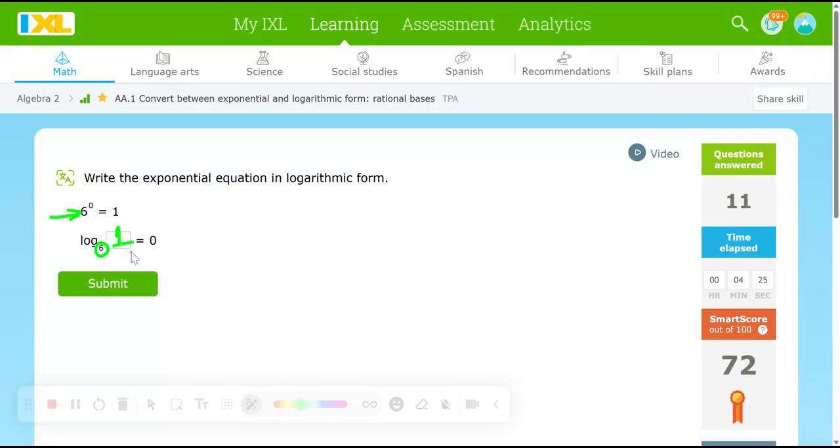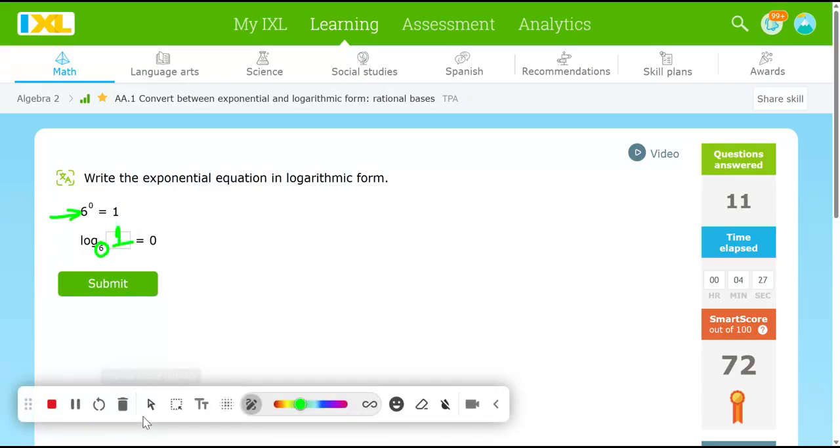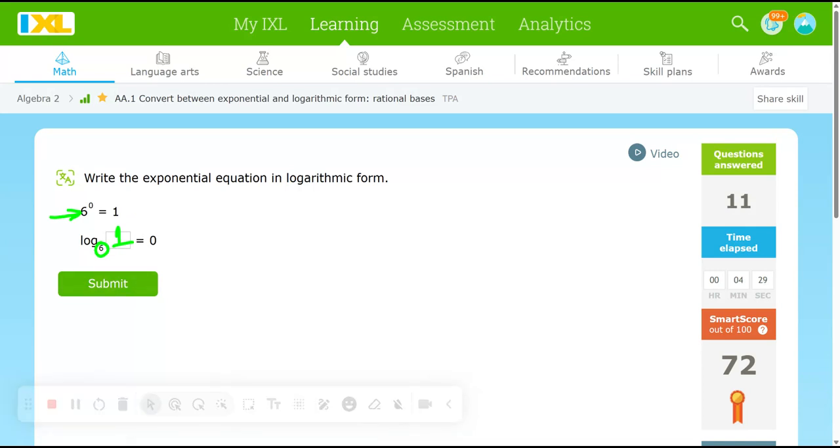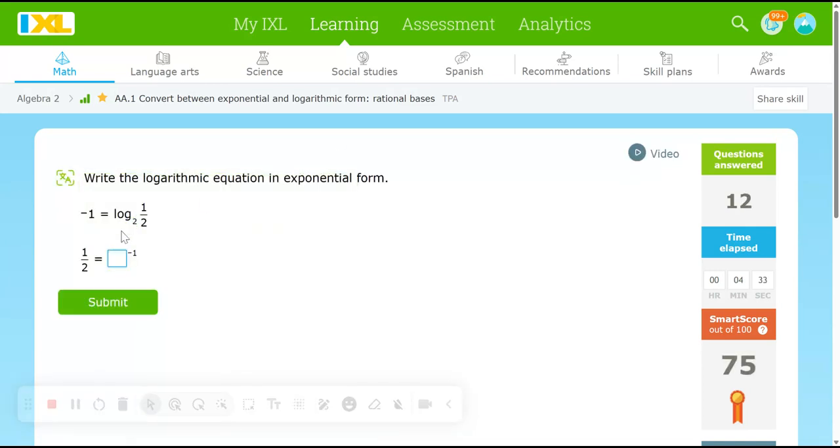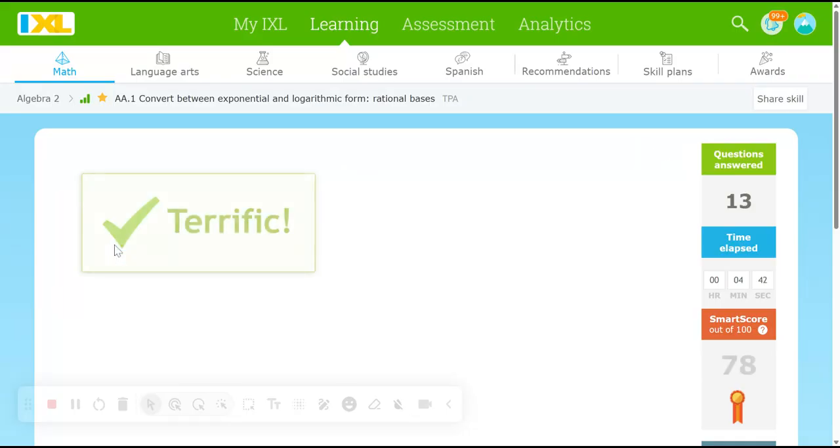So number 1 had to be in the box. So I put number 1 right here. Okay, 1/2. Negative 1 is already here, so number 2 is missing, so number 2 has to be in the box.